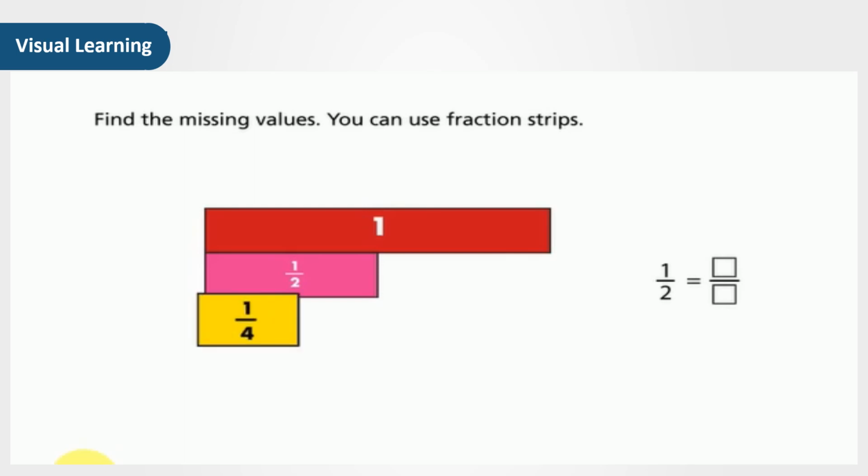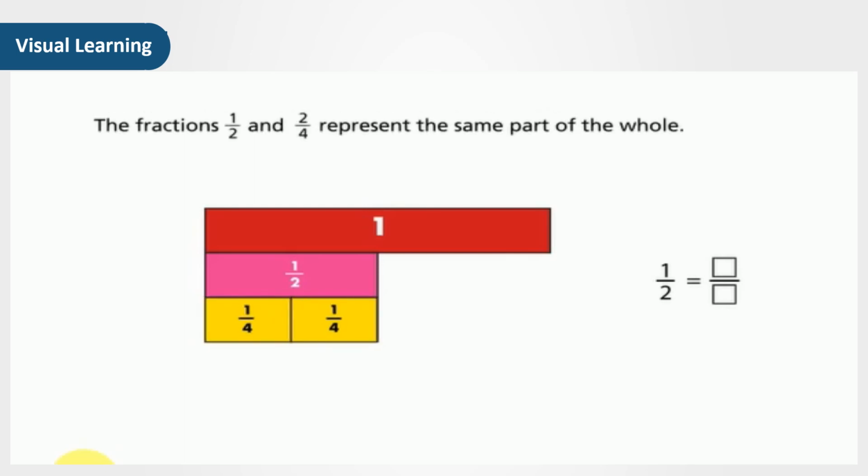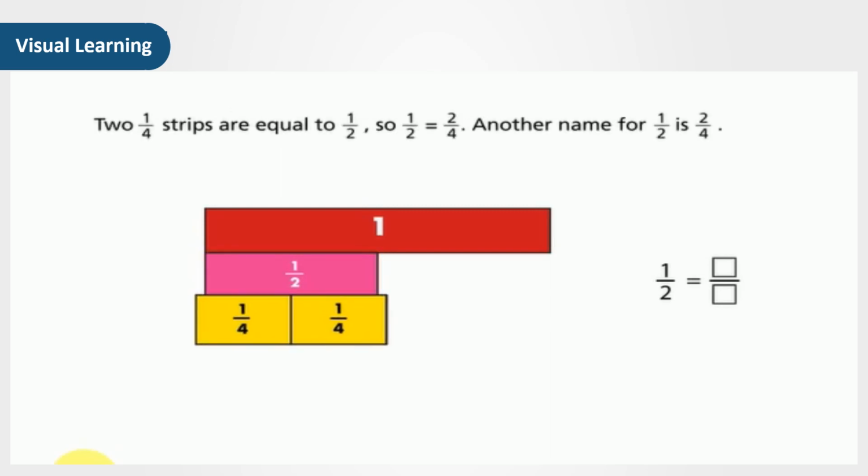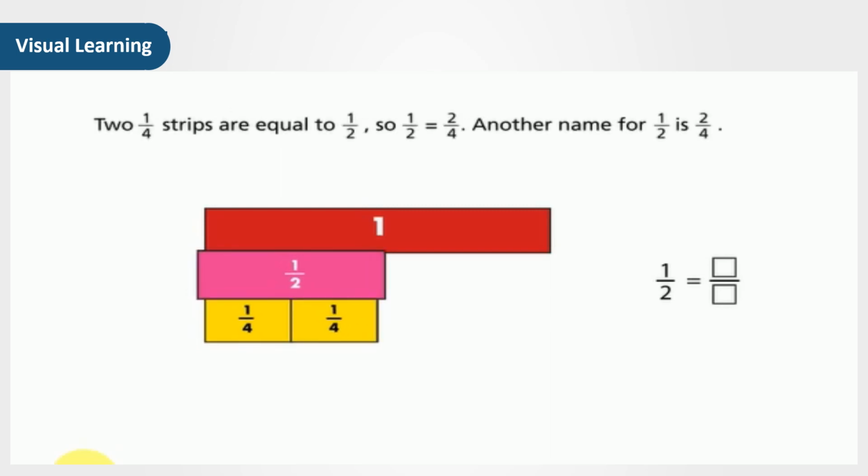You can use fraction strips. The fractions 1/2 and 2/4 represent the same part of the whole. Two 1/4 strips are equal to 1/2, so 1/2 equals 2/4. Another name for 1/2 is 2/4.